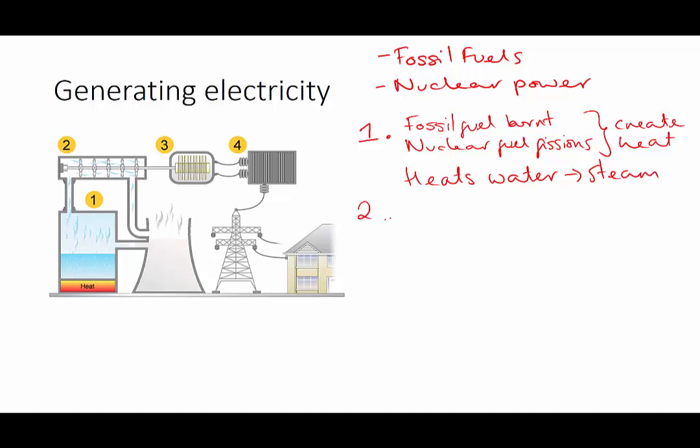Okay, the second section on here is what we call a turbine. So the steam turns a turbine. And that turbine is connected by an axle to a generator. So the turbine turning turns the generator.